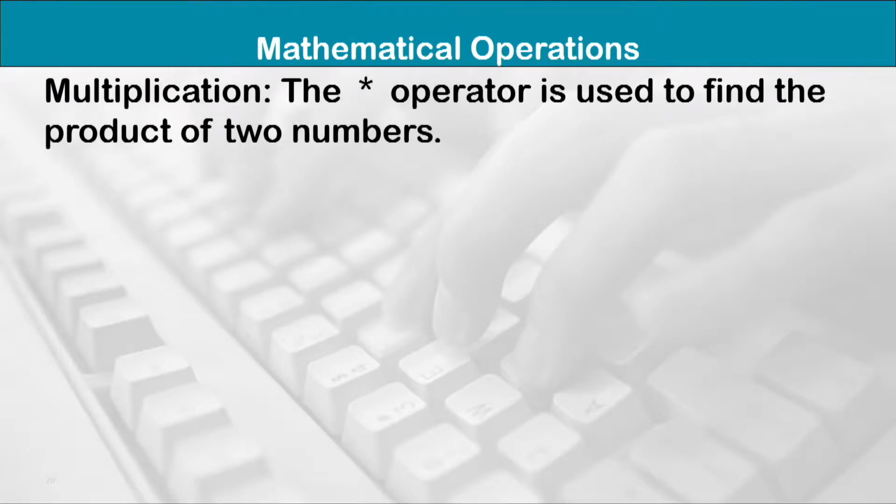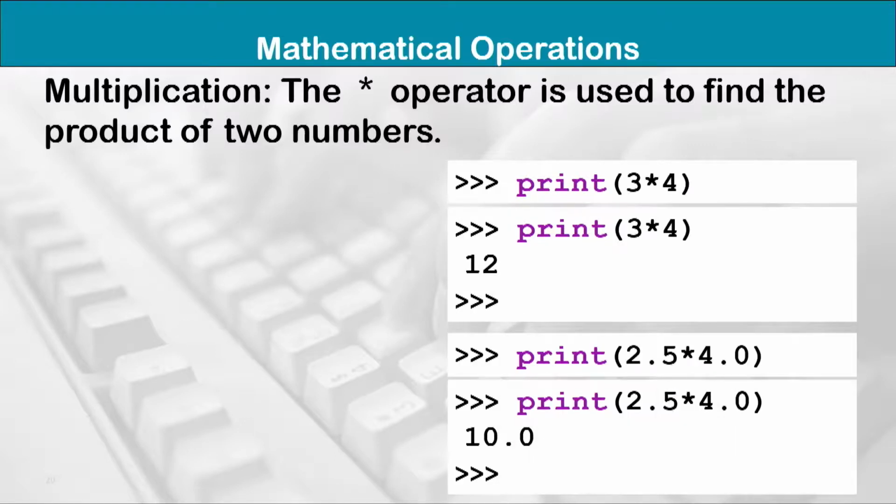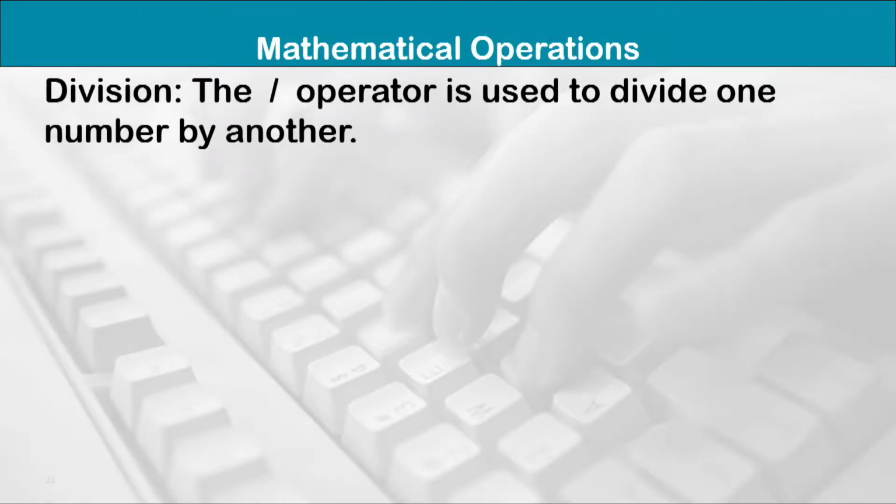Multiplication, the star operator or the asterisk is used to find the product of two numbers. And finally, division, the forward slash operator is used to divide one number by another.